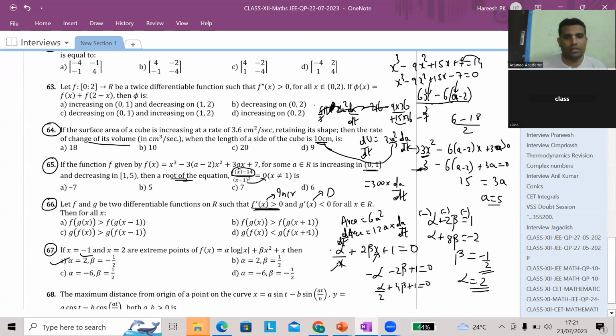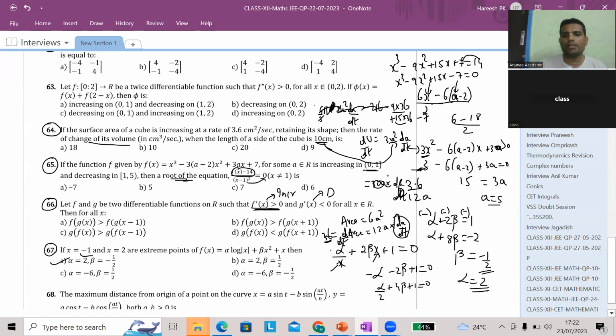And this is given as 3.6. So what is dA by dt? dA by dt is 3.6 by 12a. So I'll just write here dA by dt as 3.6 divided by 12a.